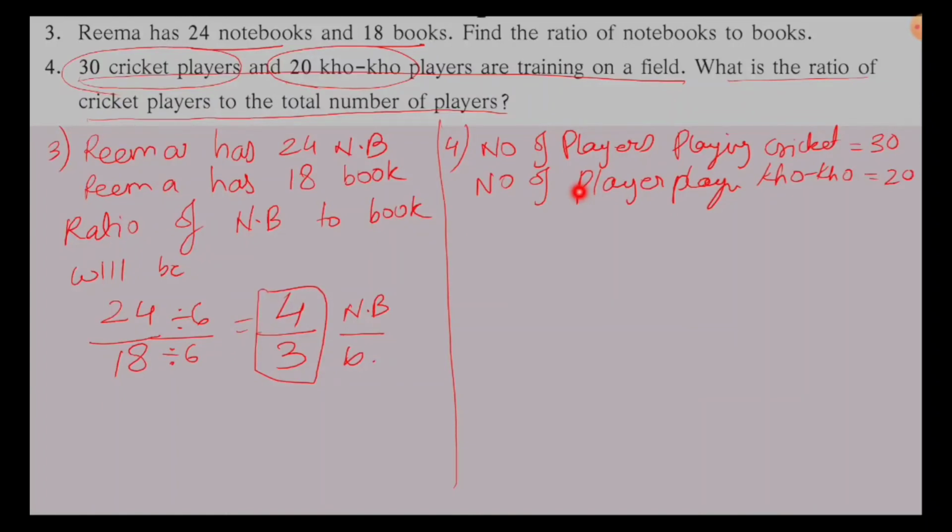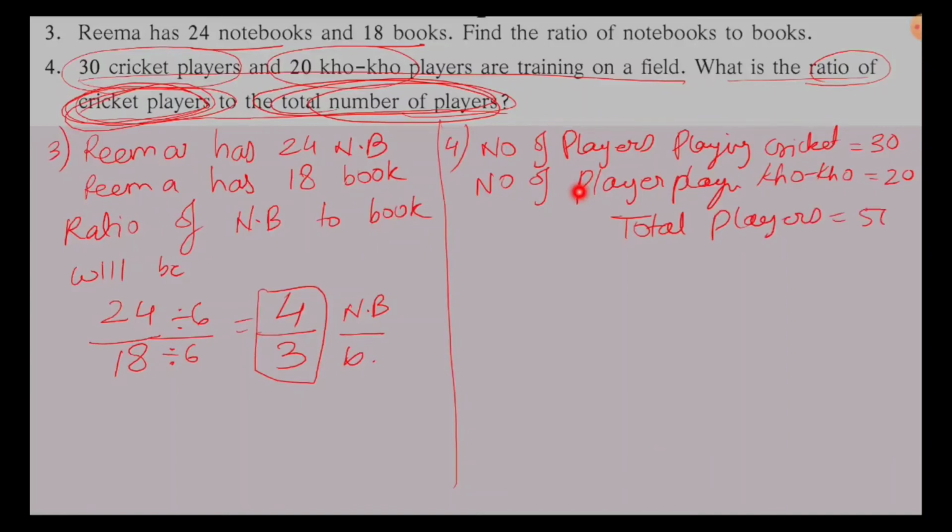Now the ratio we have been asked is the ratio of cricket players to the total number of players. Now we don't know the total number of players, so we have to also find total number of players. Total players is equal to how much? 20 plus 30, that is 50.